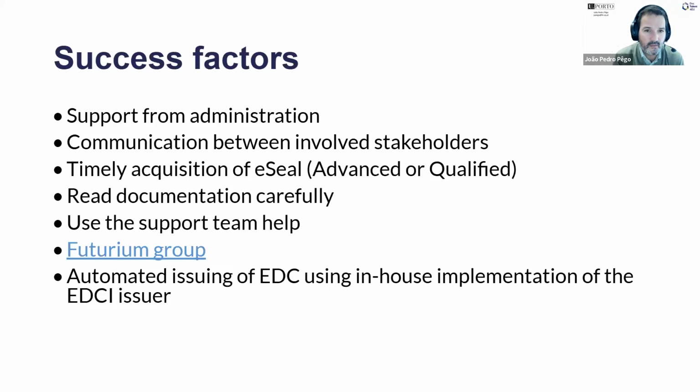They need to be on board, and they need to be drivers of your process. Trust is very relevant in this process, so communication between all involved stakeholders is of utmost importance. Keep the channels open in order to avoid hiccups. Obviously, timely acquisition of the electronic seal is mandatory.